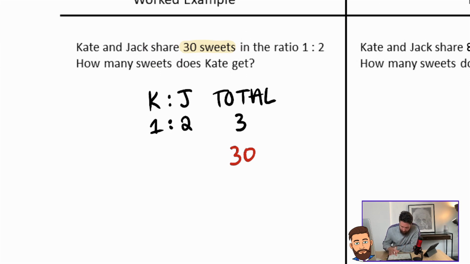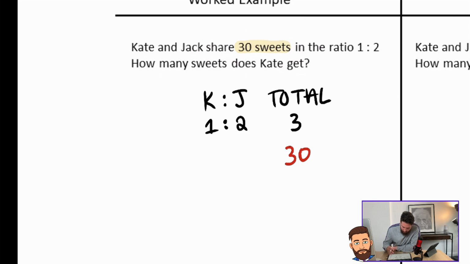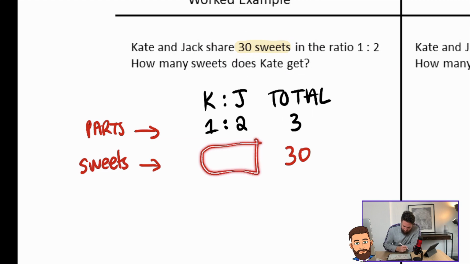Now, to really understand ratio, in this context of the question, this is my parts. Kate's getting 1 part, Jack's getting 2 parts. They're getting a total of 3 parts. This row here, where I've just filled in 30, is, in the context of this question, the sweets. Okay, so we need to fill in these.